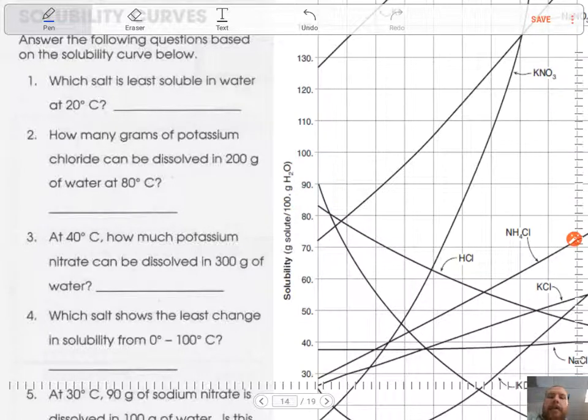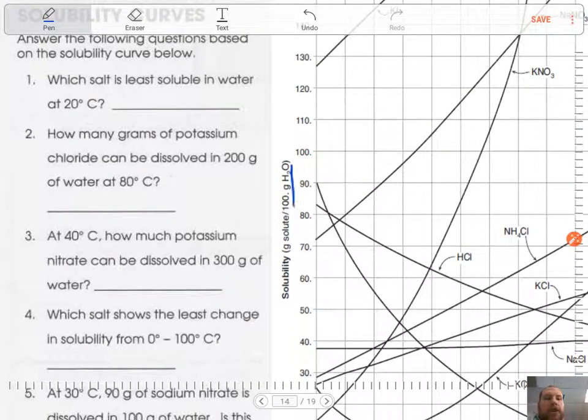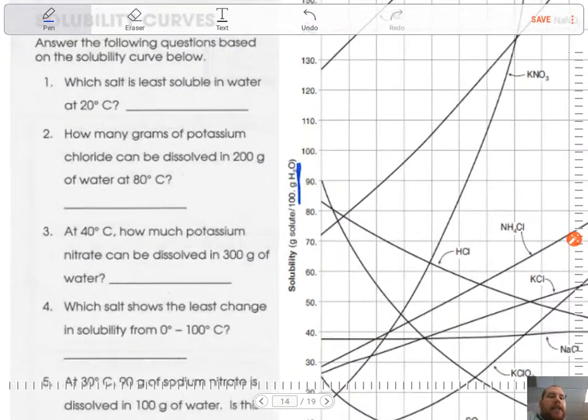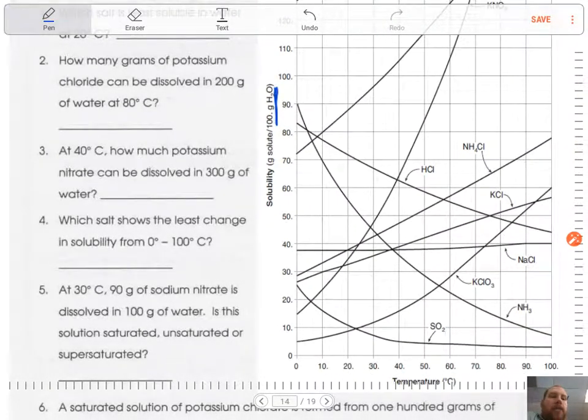All this is saying is that we've got a beaker that has 100 grams of water in it, which is 100 milliliters, but we're doing mass-to-mass ratios here. So that's not changing. No matter what solute you look at on this curve, it's not going to change. You have 100 grams of your solvent, which is water, and then what this is showing is that at different temperatures, how many grams of the solute can actually dissolve, okay?